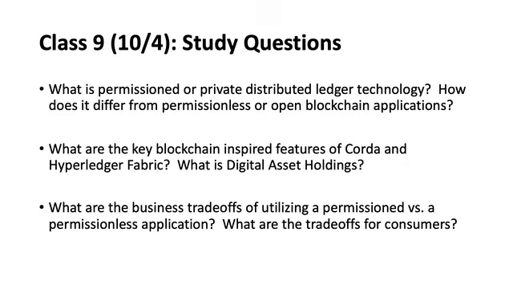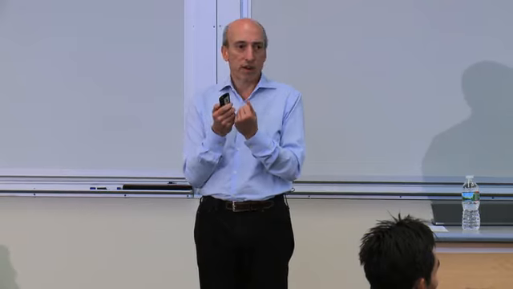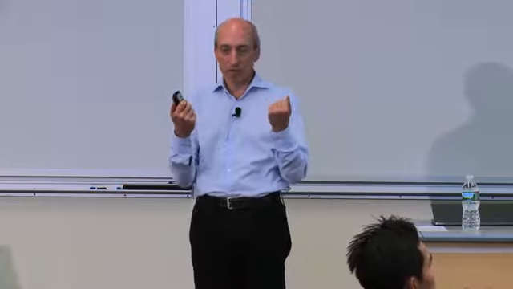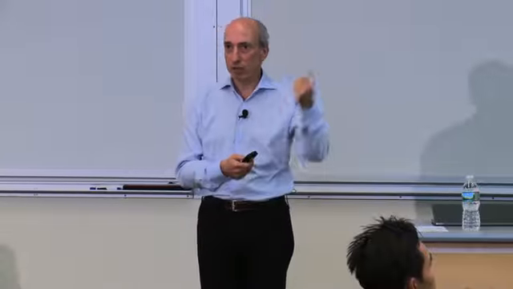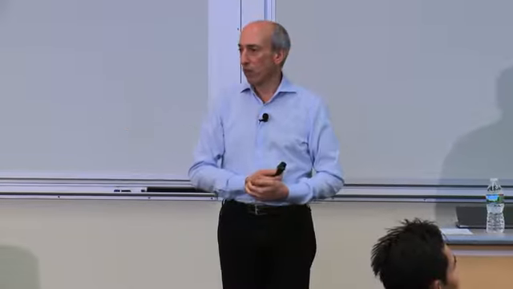And then we're going to talk about the business trade-offs as well. But what do you think some of the central business trade-offs are, if I could get 2 or 3 of you to help me out, between permissioned and permissionless blockchains? Let me see if I get somebody other than Priya. Yes? Remind me your first name?